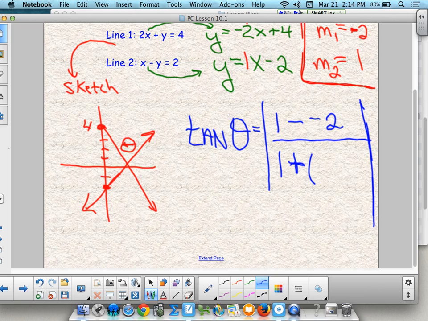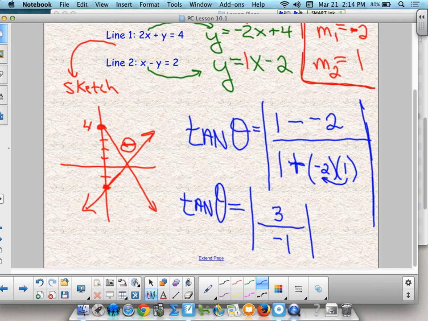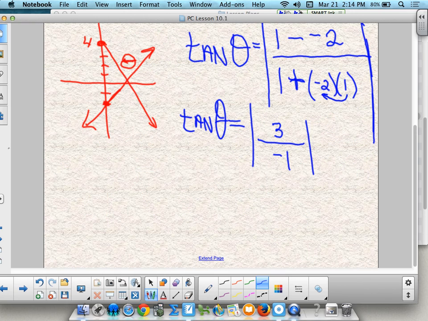M1 is negative 2, M2 is 1. You would get absolute value of 3 over, okay, now this is negative 2 plus 1, which is negative 1. Tangent of theta equals negative 3, but the absolute value will make it positive 3, right?